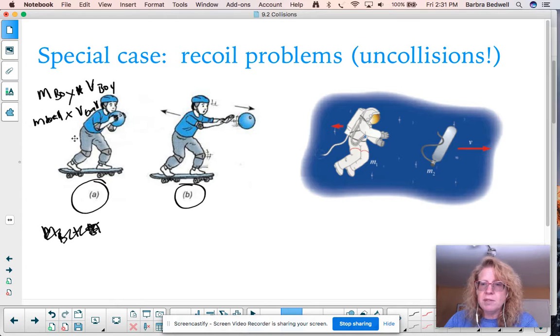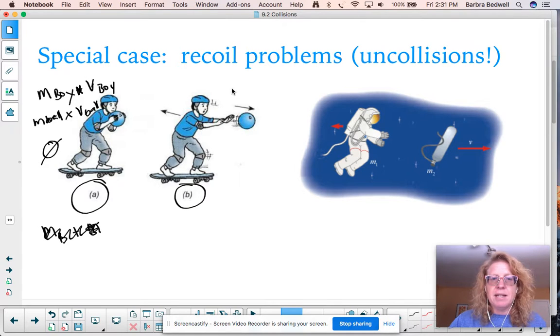Well, what was the initial velocity of these guys? Generally, in these kinds of problems, the initial velocity is 0. Works out pretty good. Usually they're holding still in one spot, and then you're going to throw. And if I'm the kid on the skateboard, if I throw that bowling ball forward, I'm going to be rolling backwards, and I'm going to get further away. So what we're going to get here when we're done is two different velocities.